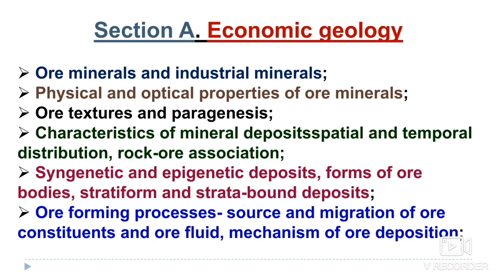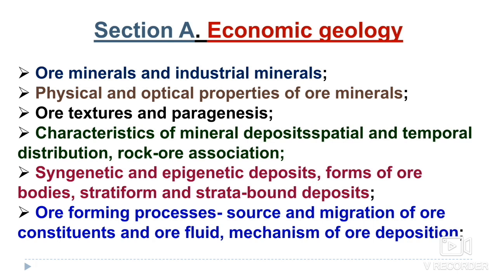So section 1, section A, that is economic geology, in which you have to study the ore minerals and the industrial minerals, physical and optical properties of the ore minerals, the ore textures and paragenesis, characteristics of mineral deposits, spatial and temporal distribution, rock-ore association, means what are the associations between the rock and the ore, in which type of rock they occur.